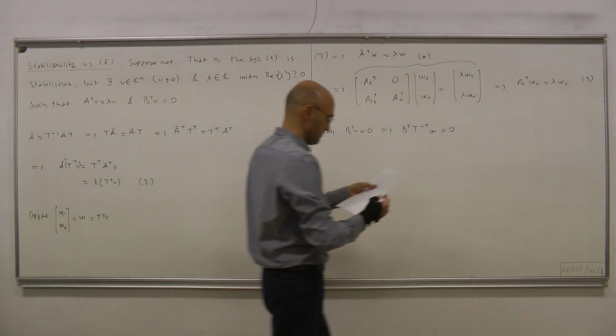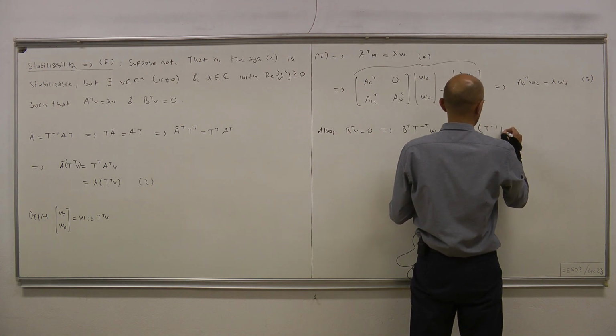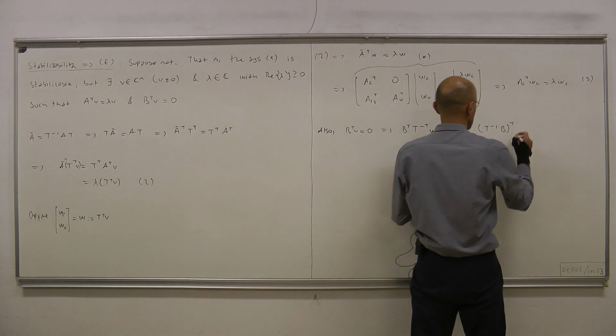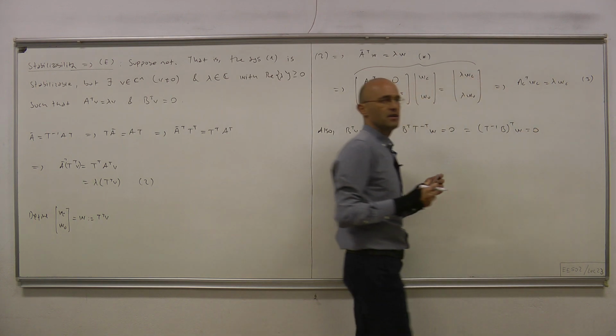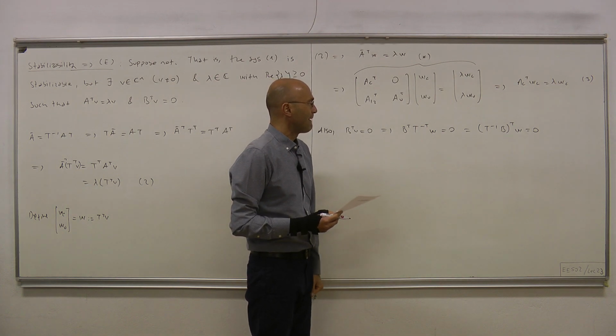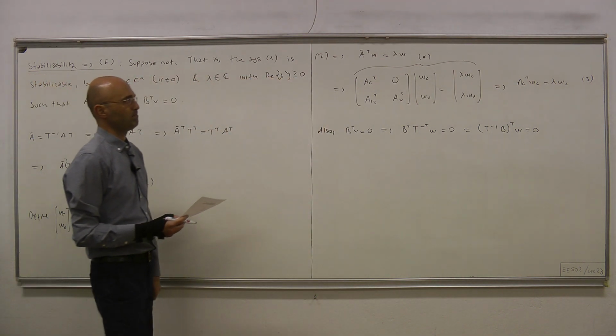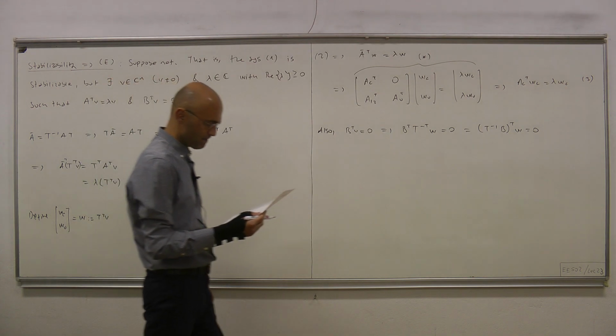That can be written as T inverse times B, transposed, times W equals 0, because this thing can be written as T inverse times B, and then you take the transpose of the whole thing.